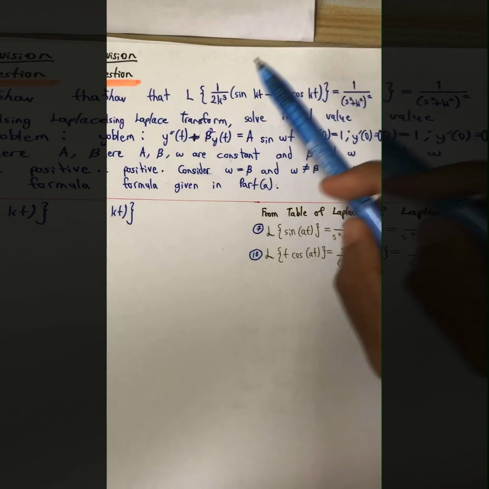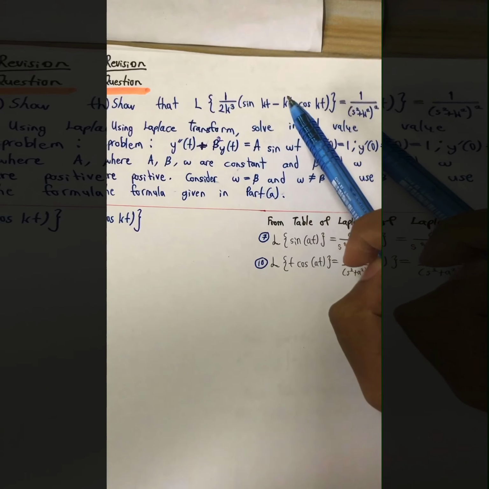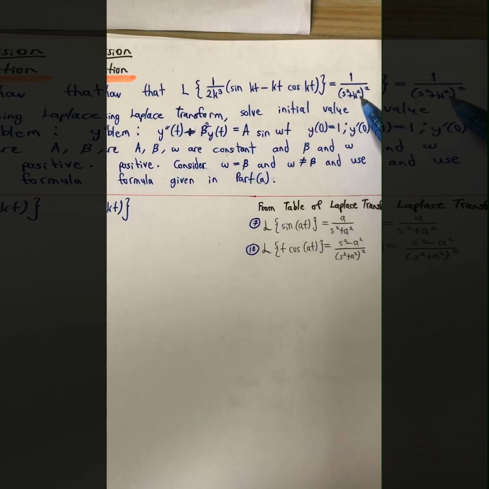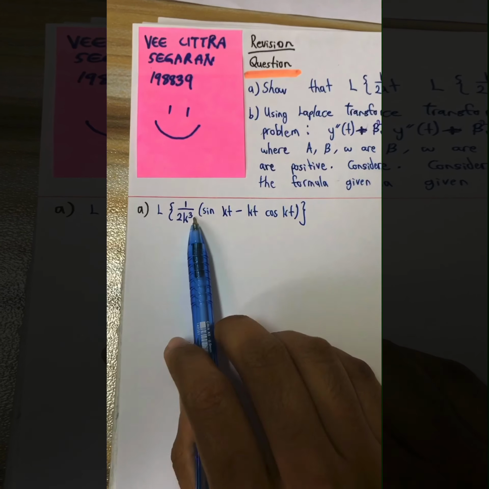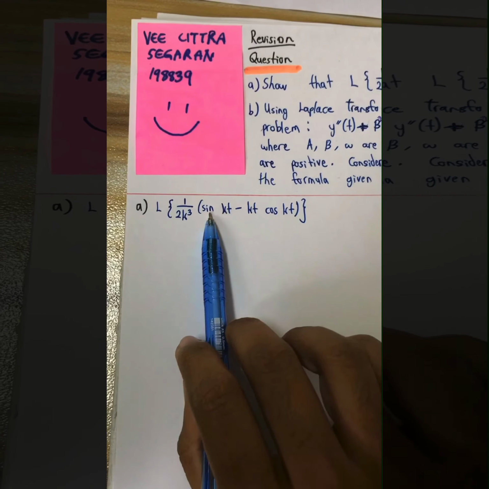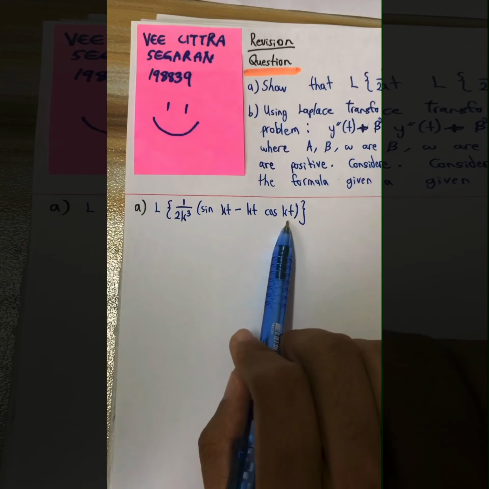In part A, we need to show this Laplace transform equals this answer. So we take the left side: the Laplace transform of 1 over 2k cubed times (sin kt minus kt cos kt).